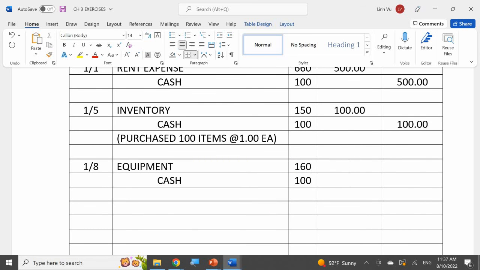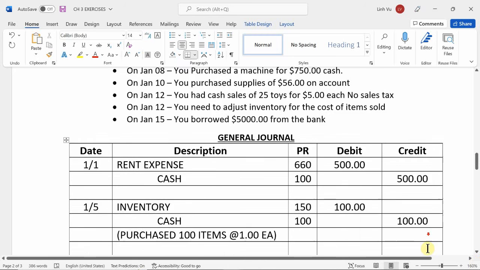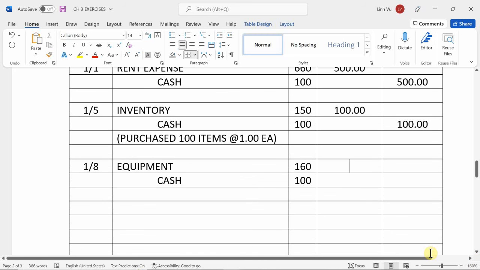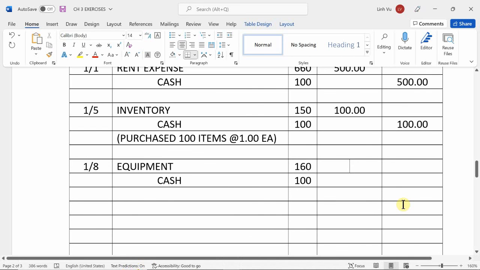Now, how much did I spend to purchase this equipment? $750. So that's exactly how you're going to journalize it: how much did you spend in value? What was the total value of your equipment?